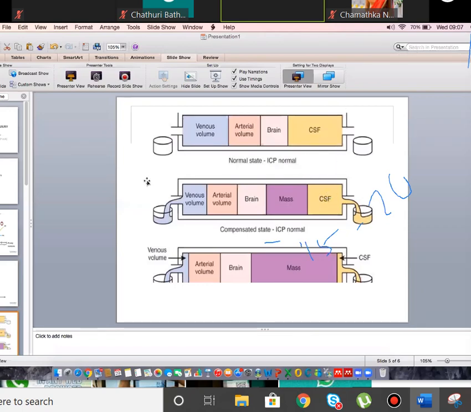So these are the contents in the cranium: the venous blood, the arterial blood, the brain matter, and the CSF, right?